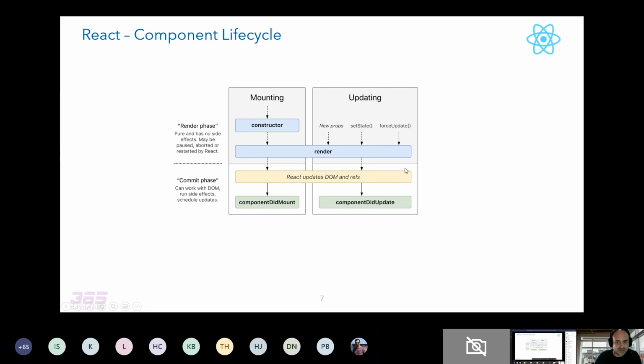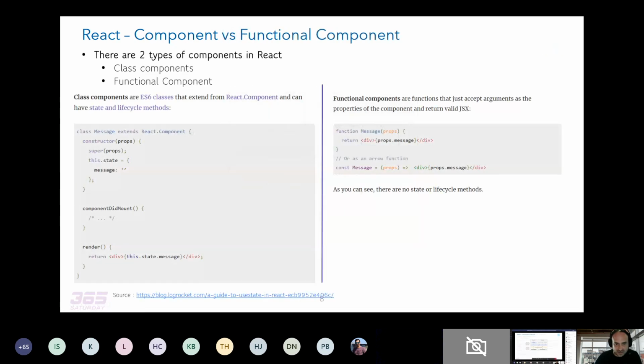You can set the state, you can force the update, and every time this kind of event occurs, it will cause a re-render. And React is clever enough to render only what is needed and send what has changed to the browser. So that's the main philosophy of React.